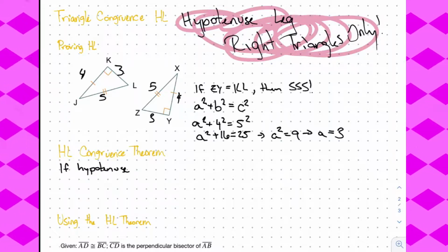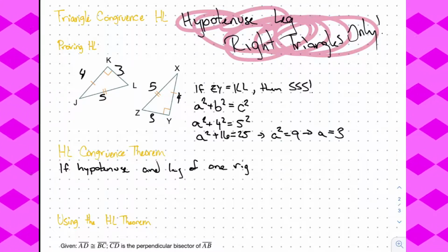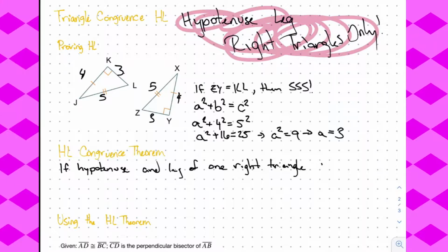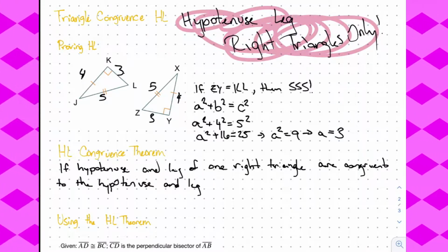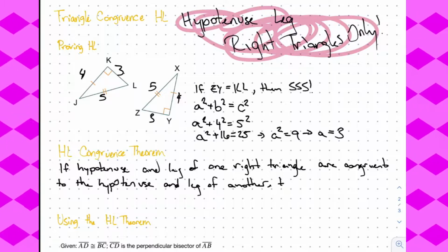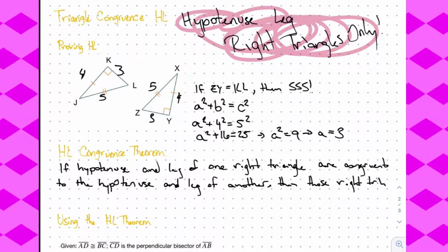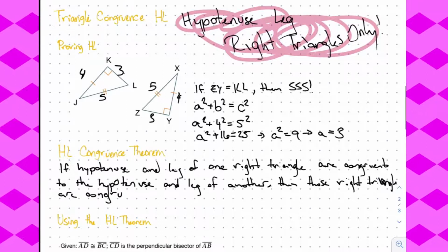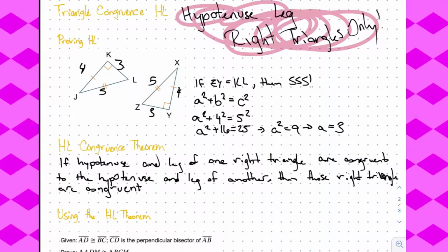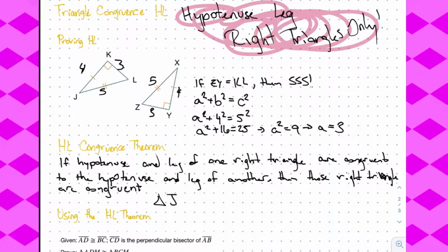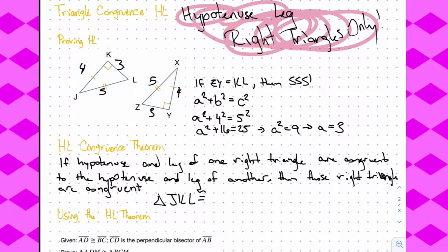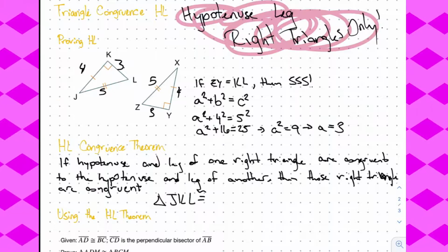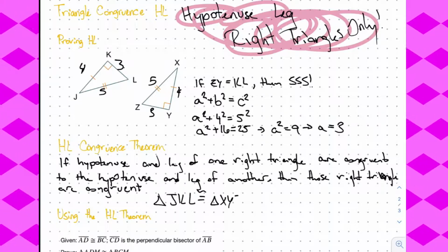So we'll abbreviate this to HL. What it says is if the hypotenuse and a leg of one right triangle are congruent to the hypotenuse and a leg of another right triangle, then those two triangles are congruent. So in the above example, triangle JKL is congruent to triangle XYZ just because the hypotenuse and the leg of two right triangles are congruent.